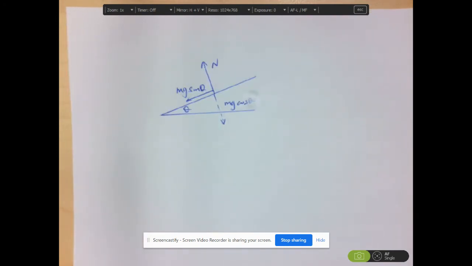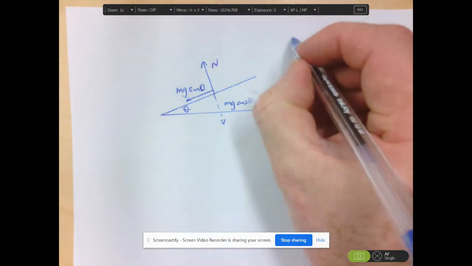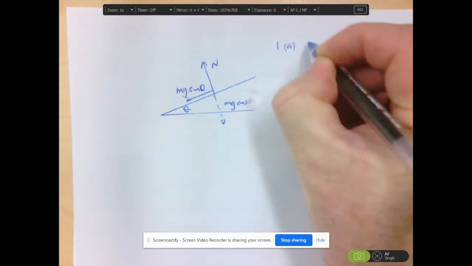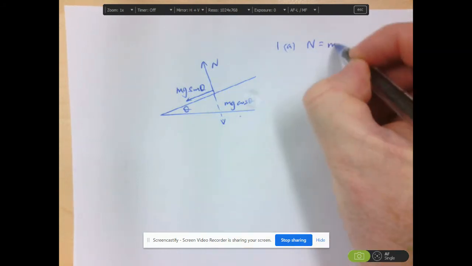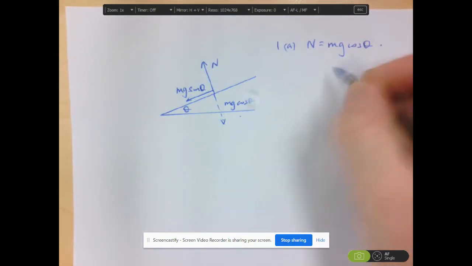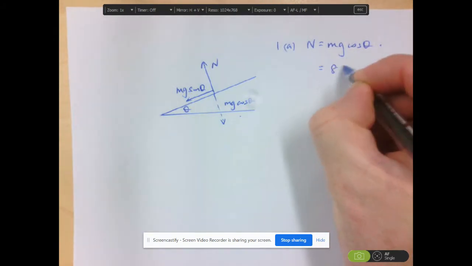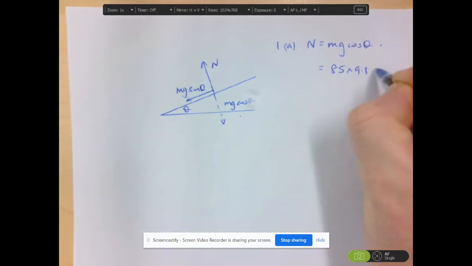So the first thing is we want to find the normal reaction force. So 1A, the normal reaction force is equal and opposite to mg cos theta. Adding all the information in, it's 85 kilograms times 9.8 times cos of 35.